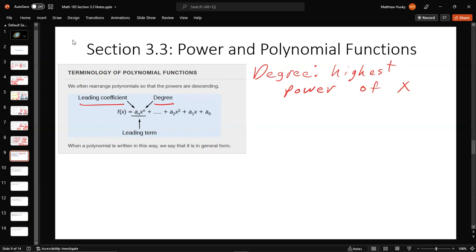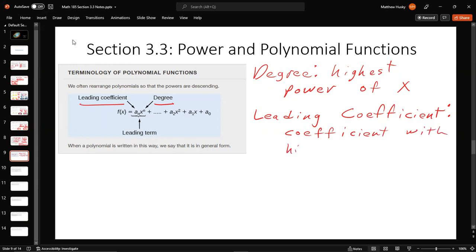There's also this thing known as the leading coefficient. The coefficients are the numbers multiplied by x in the front. So then the leading coefficient is just going to be the coefficient with the highest degree term. So it's the coefficient with the highest power term.